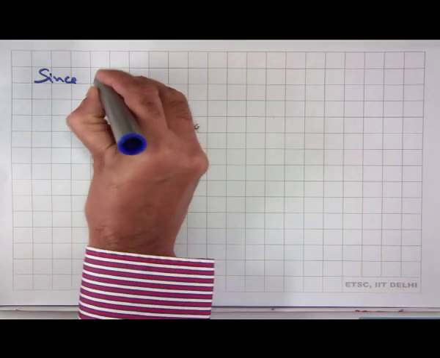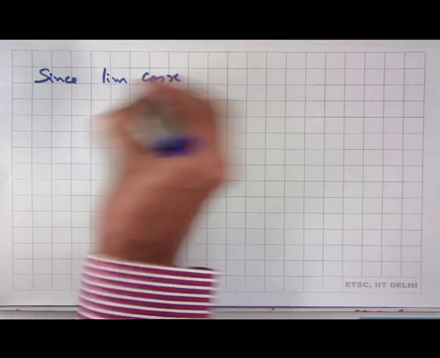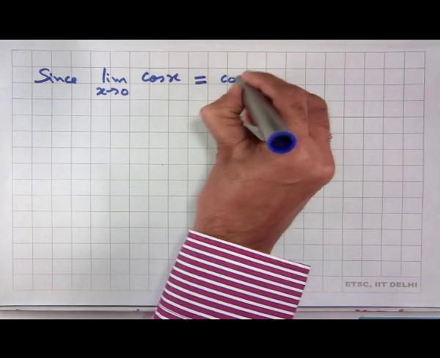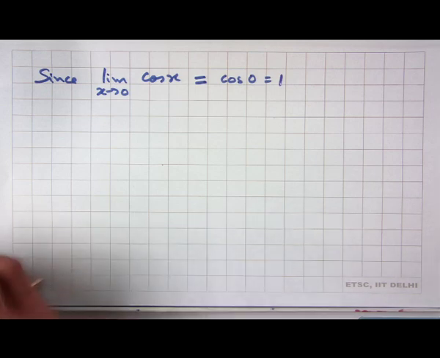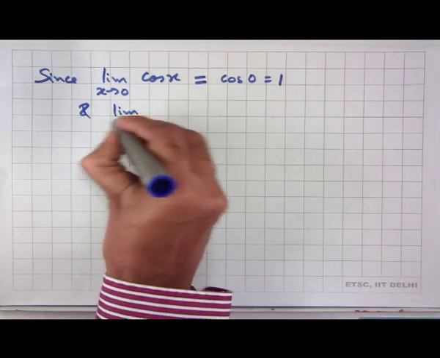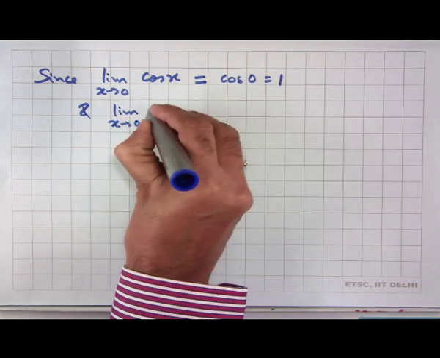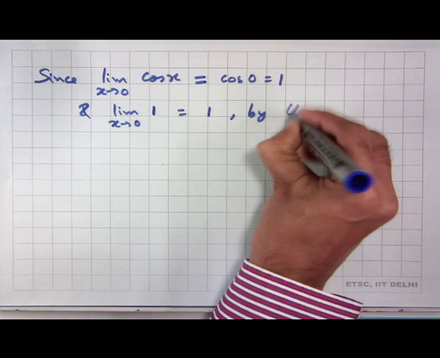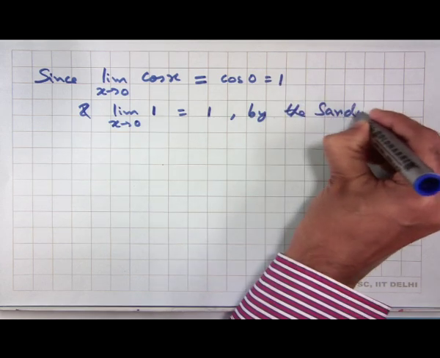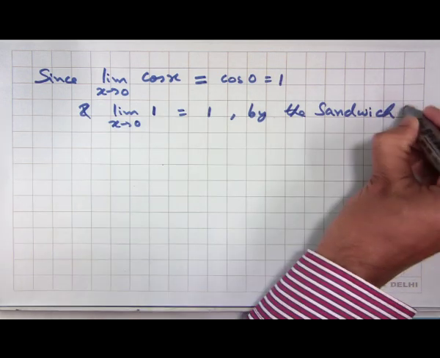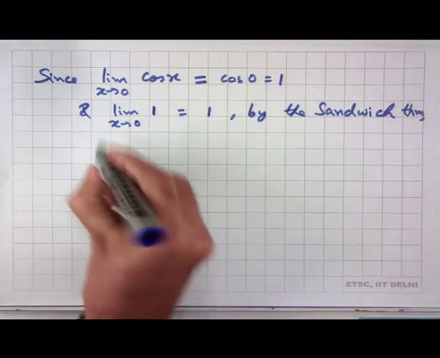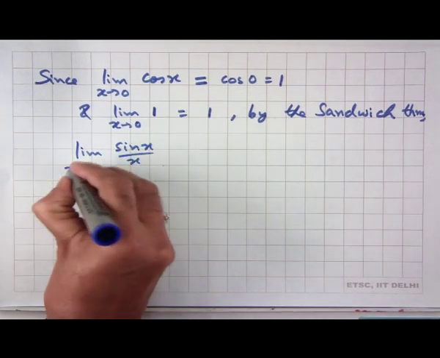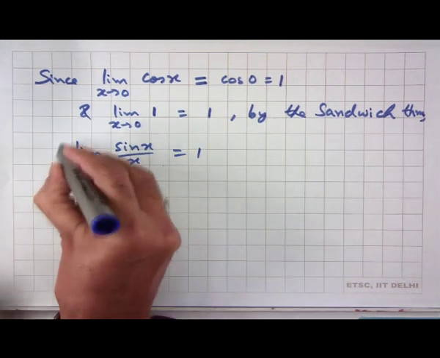Since the limit of cos x as x approaches 0 is simply cos 0, which is 1, and of course, the limit of the constant function 1 is equal to 1, by the sandwich theorem, the limit of sin x by x as x approaches 0 is also equal to 1.